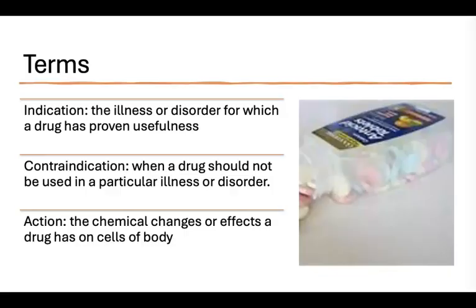So some other important terms that we need to consider are indication, contraindication, and action. When we think about using a drug for certain illnesses or disorders, we want to use a drug that has some proven effectiveness or usefulness for that clinical condition. So let's say a patient is having chest pain or angina. We want to use some medication to open up the coronary vessels to try to get some blood flow to the cardiac tissue.